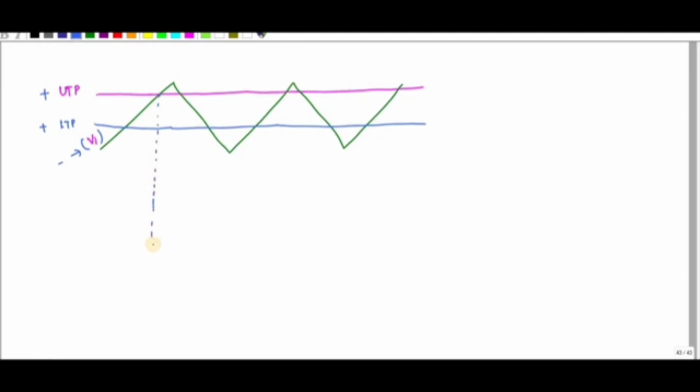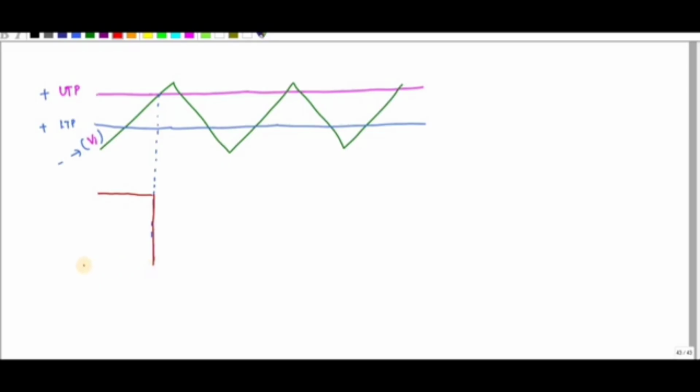Whenever the minus value is greater than the plus value, you will get the output as minus V0.